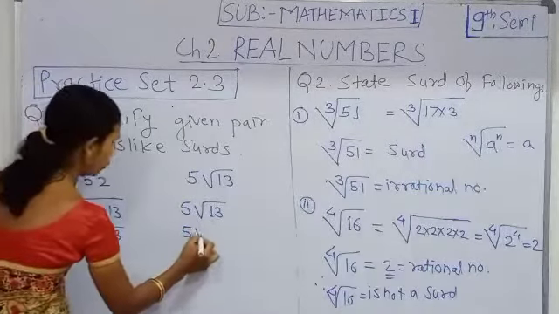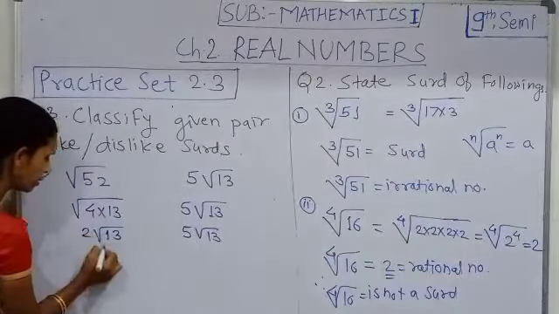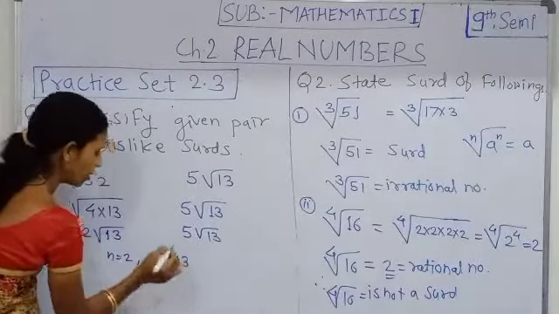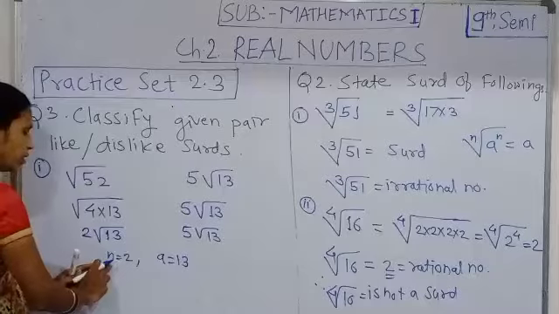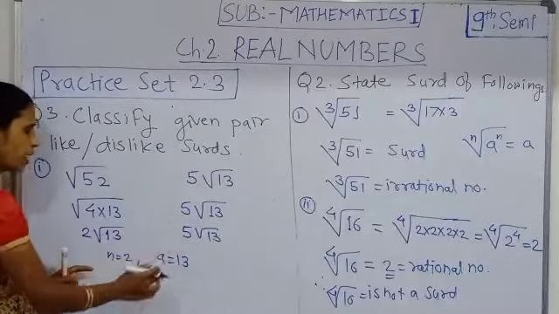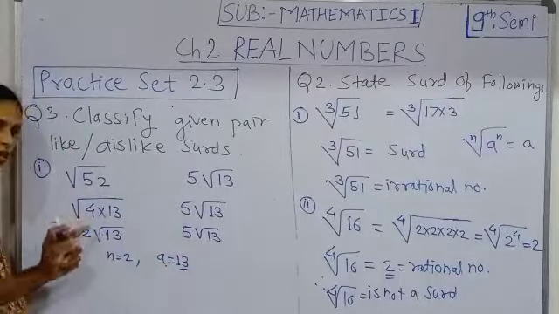And see here 5 root 13, in which n is equal to 2 and a is equal to 13. That means the degree of both surds is the same as well as the radicands are the same.